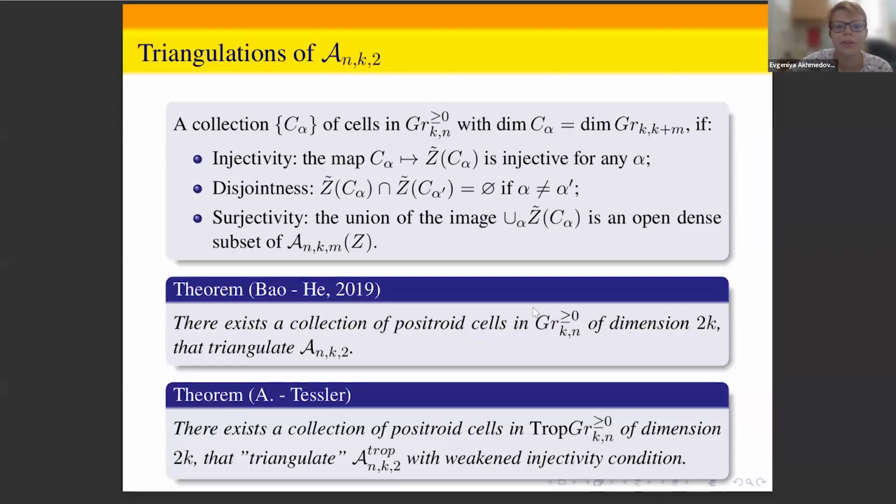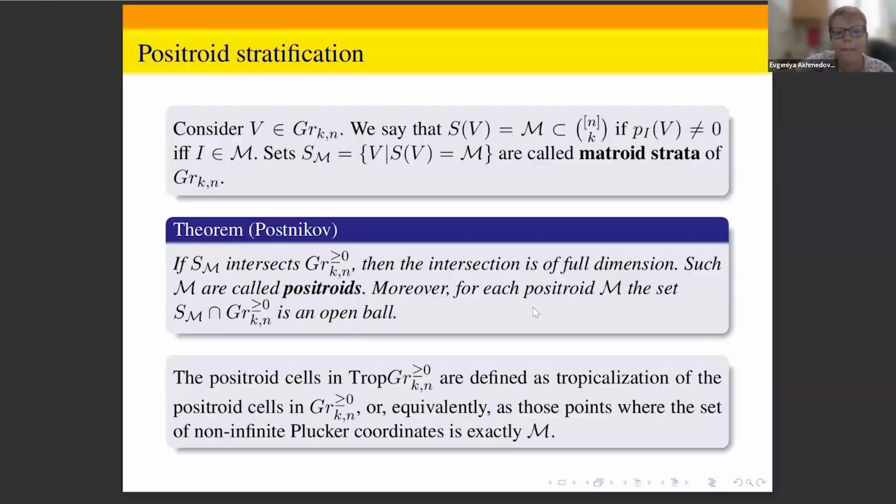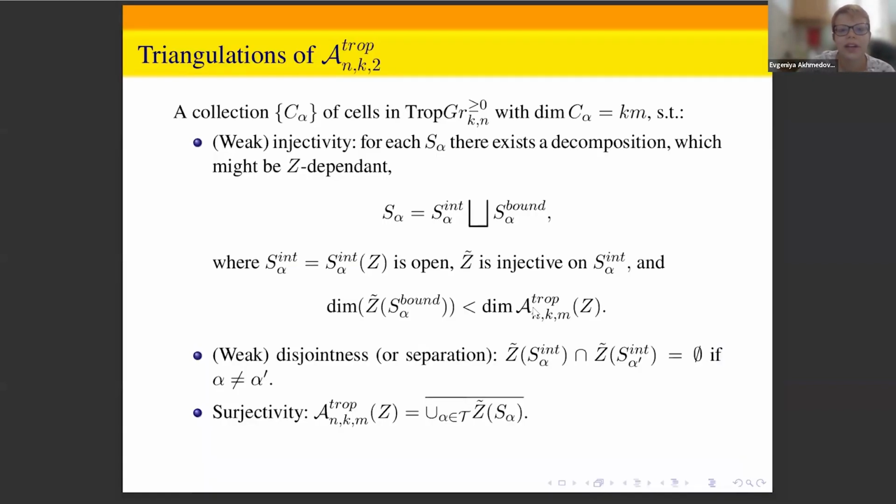I don't probably need to remind the positroid specification thing, but what we had in the regular case, we required the collection of cells for the triangulation to map injectively, to map disjointly, and to cover all of the amplituhedron. But what happens in the tropical case?